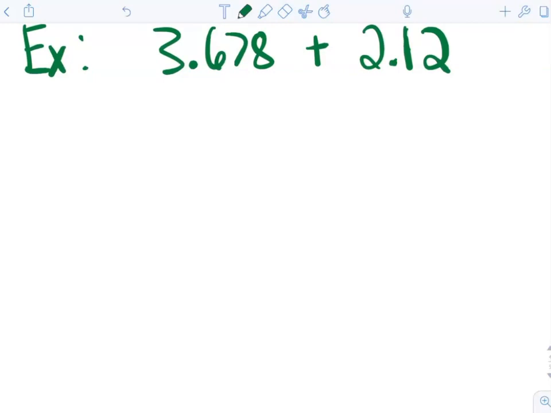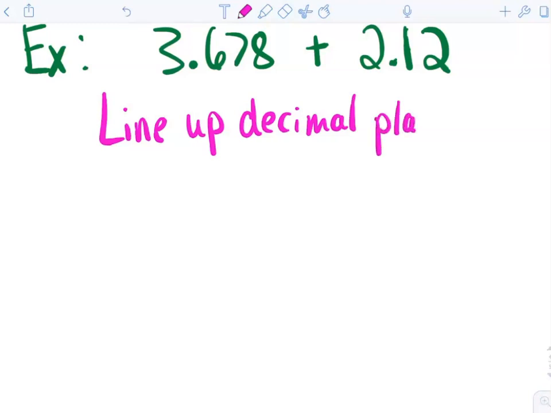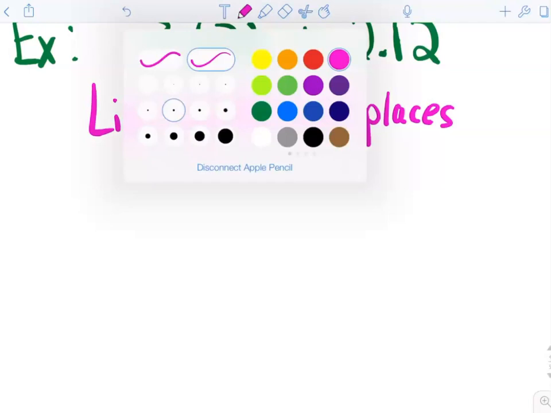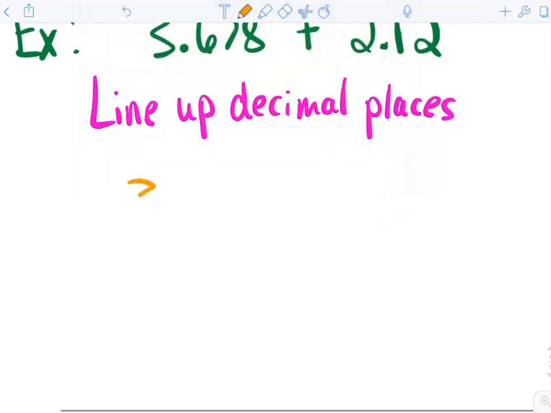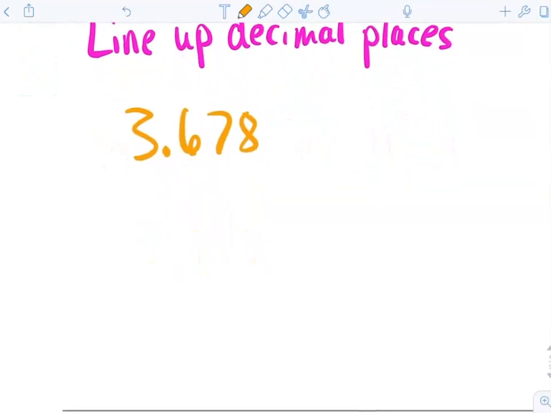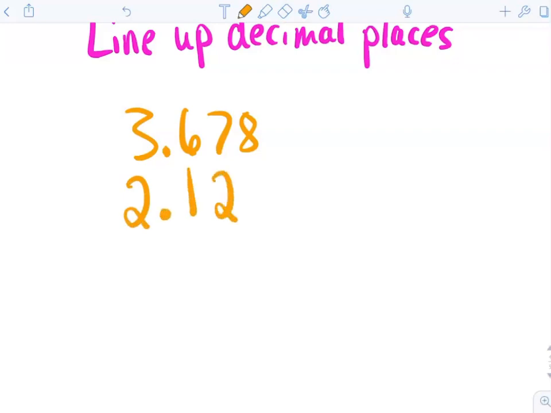So what that looks like, and I'll write this here, is I'm going to start out with 3.678. Then we have 2.12. So that means that I want my decimal places to line up directly. And what I mean by line up directly is that they're one on top of the other.